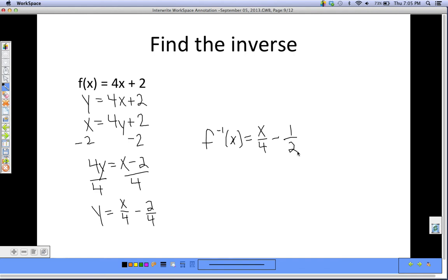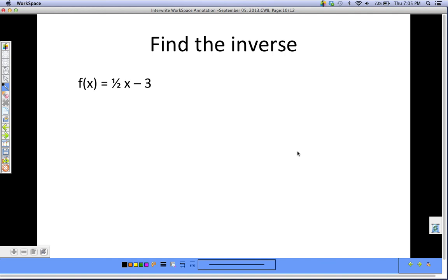All right, we've got one more example here real quick. f of x equals 1/2 x minus 3. So we replace this with y equals, switch our x and y, and solve. So we first want to add 3 to both sides.